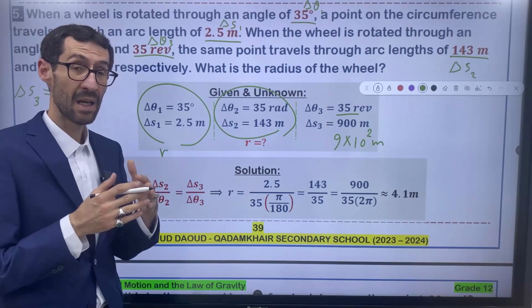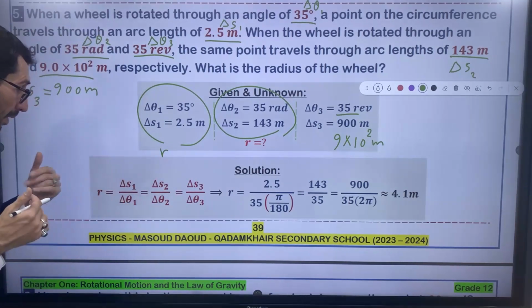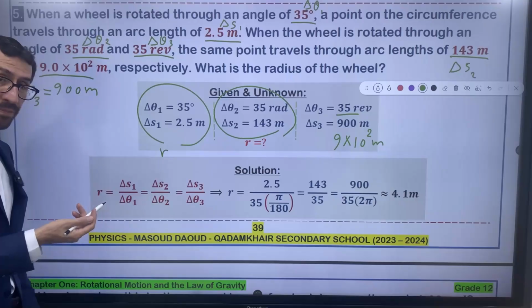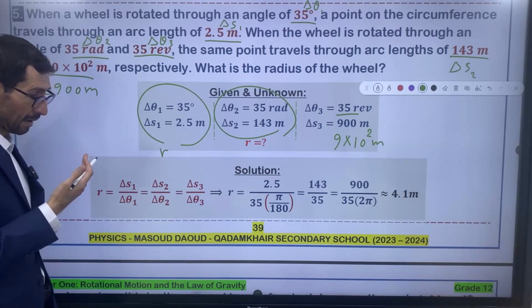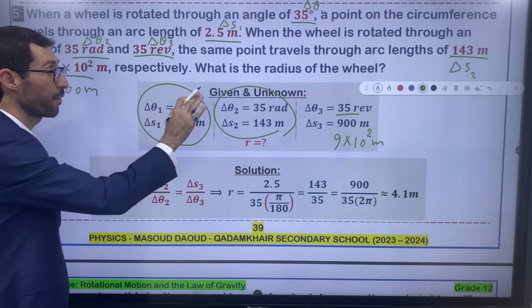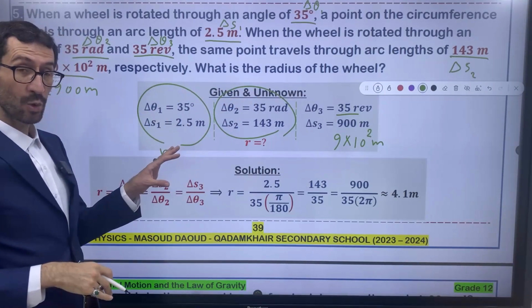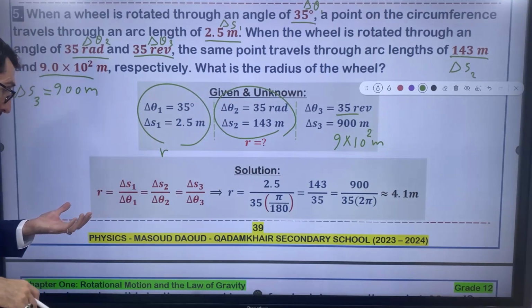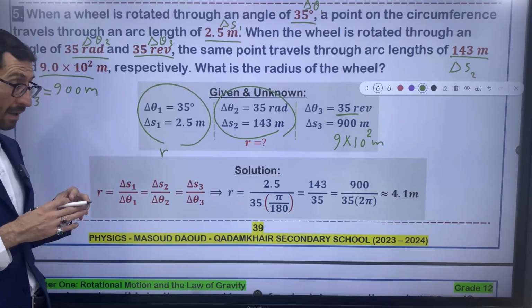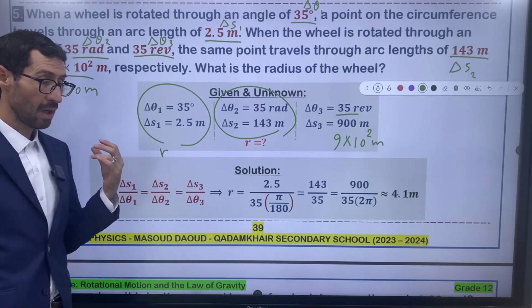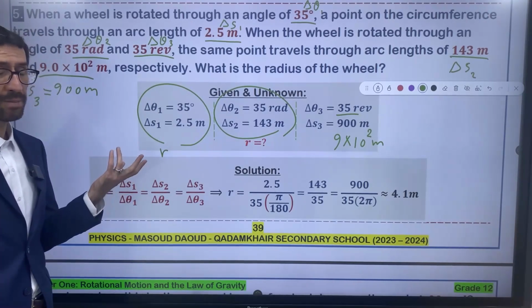Radius remains constant and unchanged, right? Or maybe you say, teacher, I'm going to focus on all parts of this question, to make sure that we get only one answer. No problem, as you like.